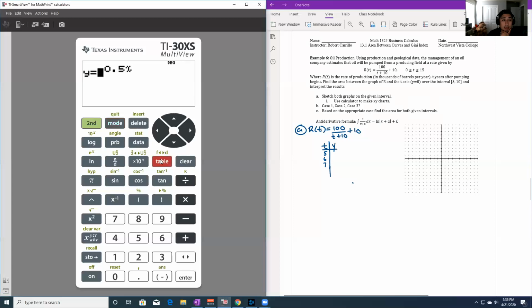So I'm going to have table, clear, fraction, 100 over x plus 10. We have to type it in terms of x, plus 10. So there's the function, 100 over x plus 10 plus 10. Hit enter, make sure you're on ask.